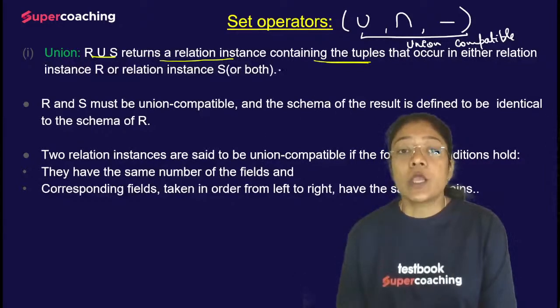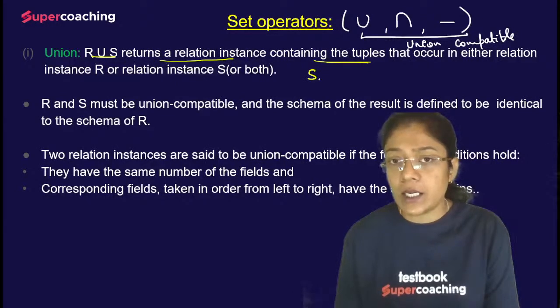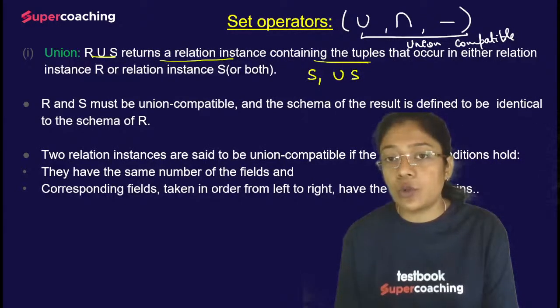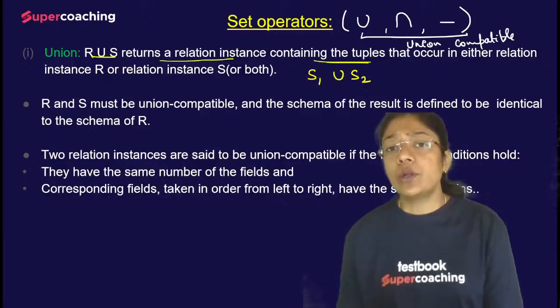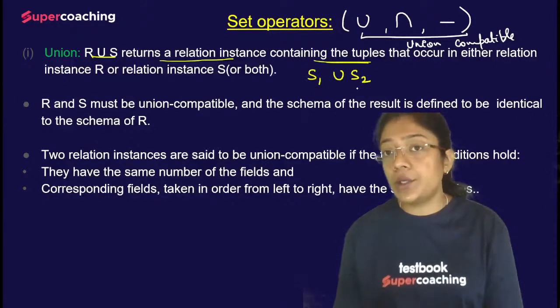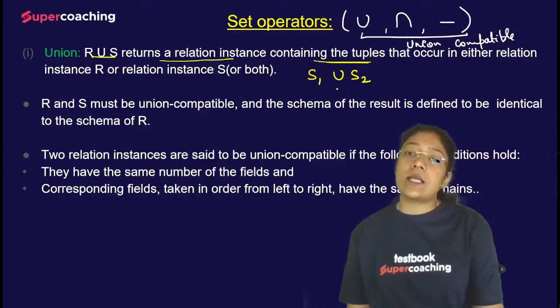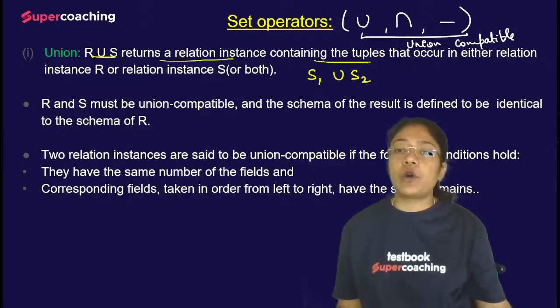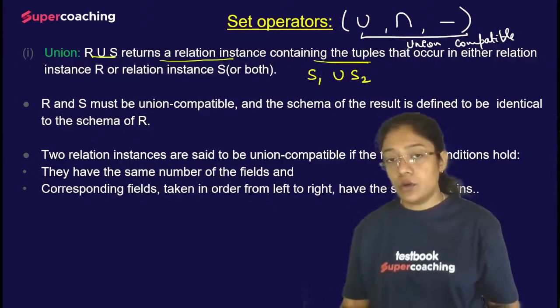So here union means, अगर दो instance आपने लिए हैं, for example I'm writing S1 union S2, you know that for Sailors relation I have taken two instances, so I want to execute the query like S1 union S2. This will be union compatible because दोनों ही instances Sailors relation के number of attributes are same and the domain of the corresponding fields is also the same.